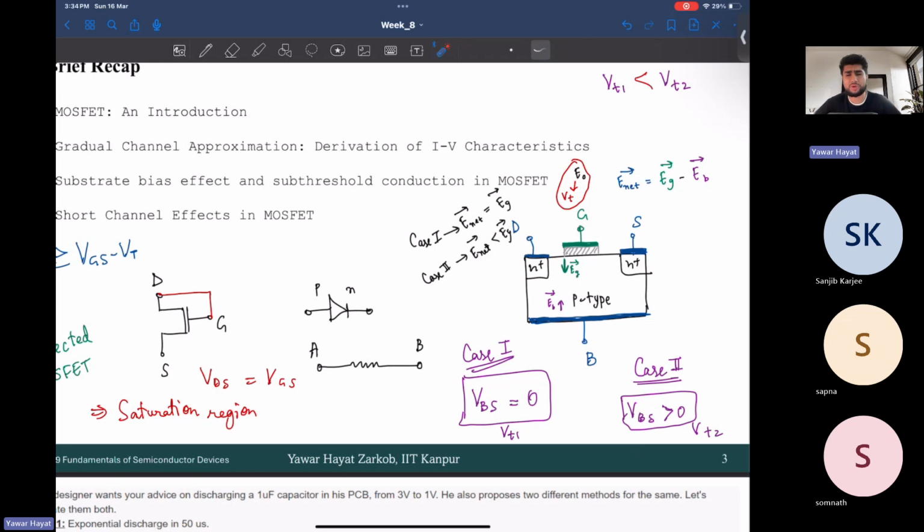And in this case, you would also have seen the formula, right? Threshold voltage in presence of substrate bias. Have you seen that? Sir, I have.